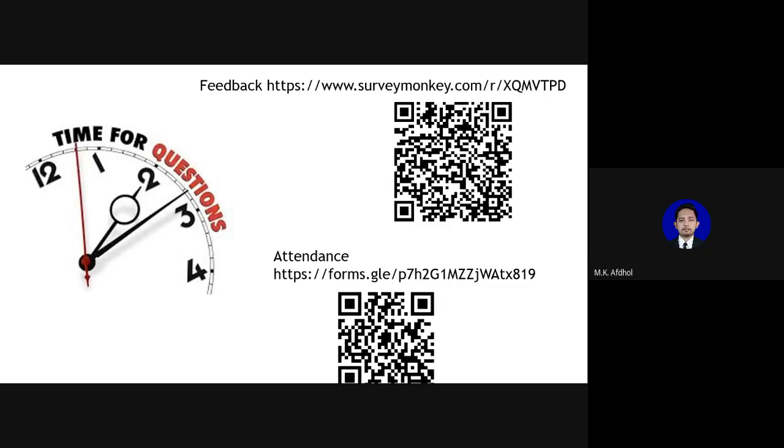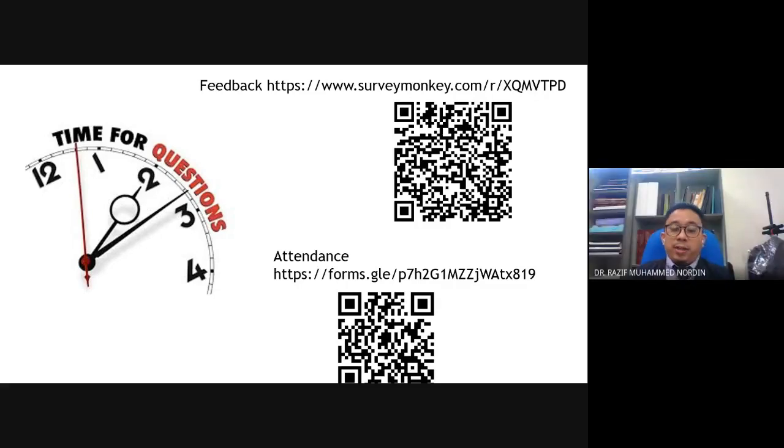Ya Prof. Because di Perlis ni bila kita belajar berkaitan dengan atom, dengan atomic structure ni, kita very concerned on the Avogadro number, empirical formula dengan molecular formula. Banyak sekali soalan ditanya di sini.